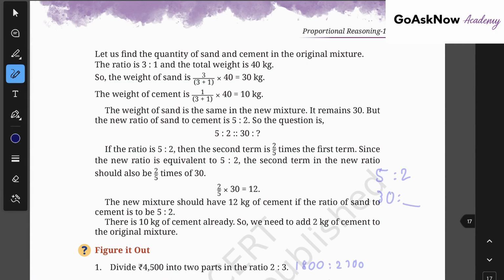From 5 to reach 30, you have to multiply by 6. So you do the same thing to the other side, multiply by 6. 6 times 2 is 12, which you get right here. The new mixture should have 12 kilograms of cement if the ratio of sand to cement is 5:2. There is 10 kg of cement already, so we need to add 2 kg of cement to the original mixture.